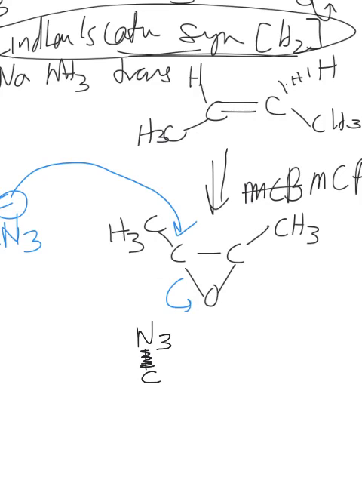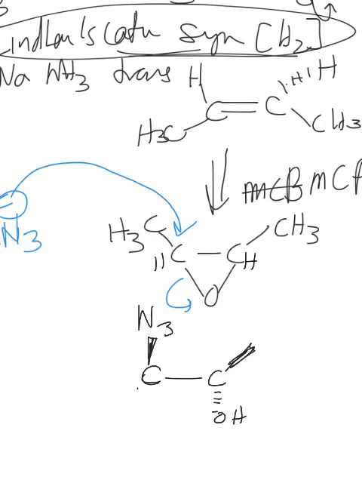Well, let's go with, this comes from the top, so N3, and if that comes from the top, that's going to put that down, and that means this is going to be up, and that's going to be CH3.